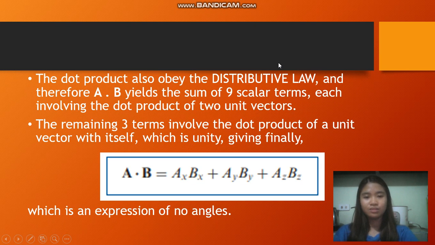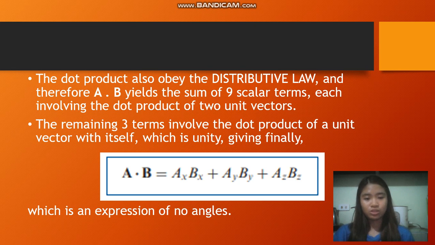Next naman, yung dot product under rin ng distributive law. So, yung A dot B may sum ng 9 scalar terms, at each involving nun yung dot product ng 2 unit vectors. Tapos, yung 3 terms na matitira, sakop naman nun yung dot product ng unit vector with itself.